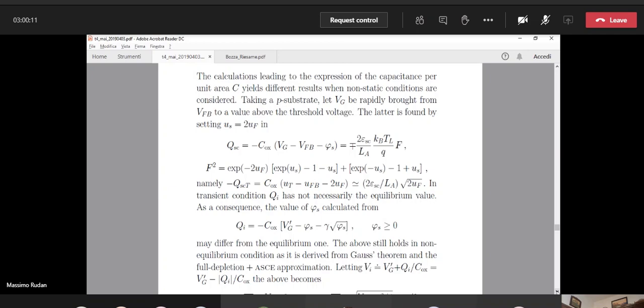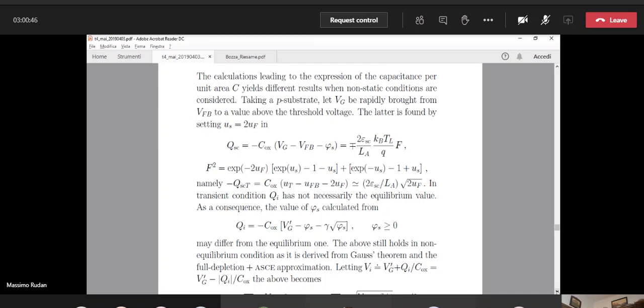You do not have immediately an inverted layer. Why? Because the inverted layer takes time to form. Essentially, when you deplete a region, you remember the generation recombination mechanisms. When a region is depleted and there is a lack of mobile carriers, the semiconductor starts generating electron hole pairs.